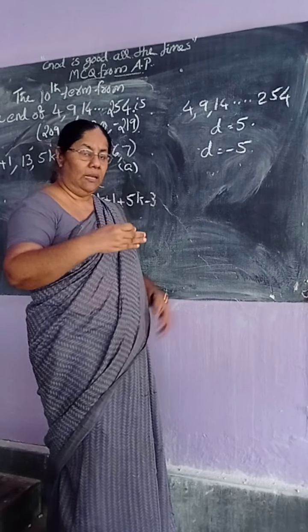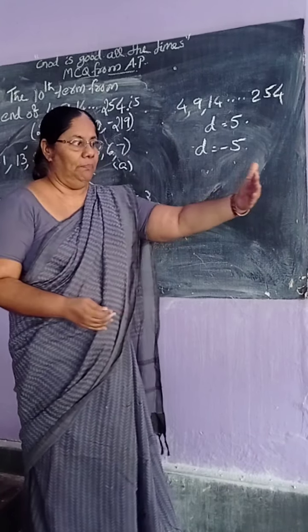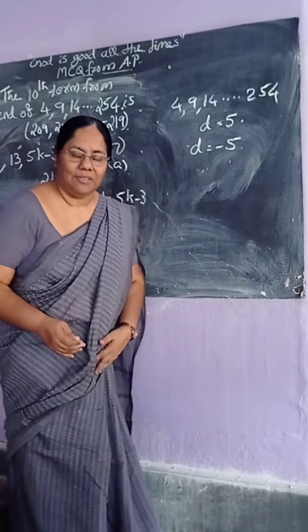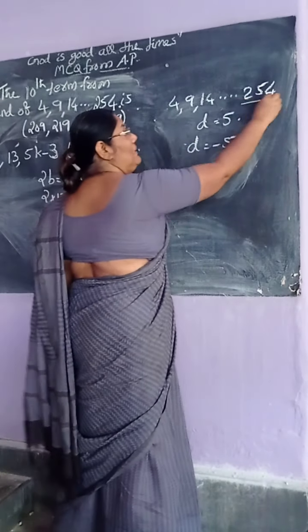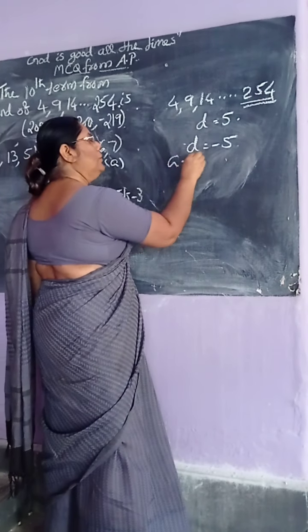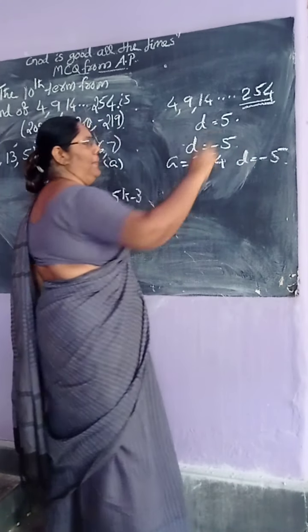Arithmetic progression from the beginning is on adding and from the end is subtracting. Okay, students? Now we can take this A as 254 and D equal to minus 5.